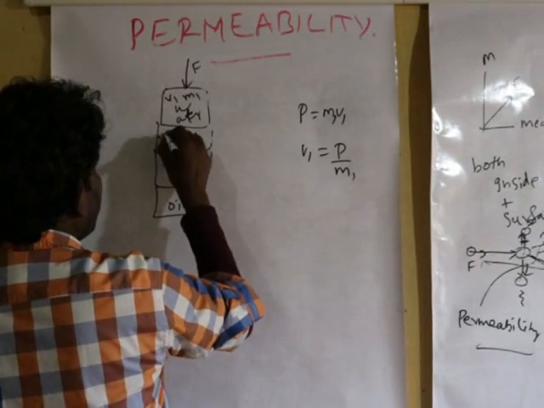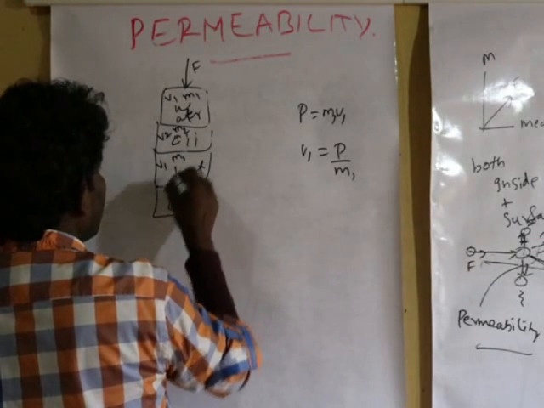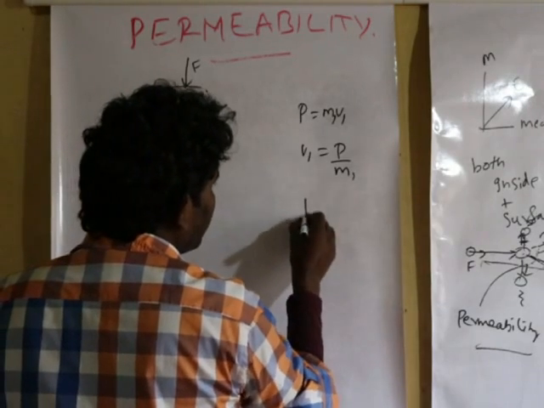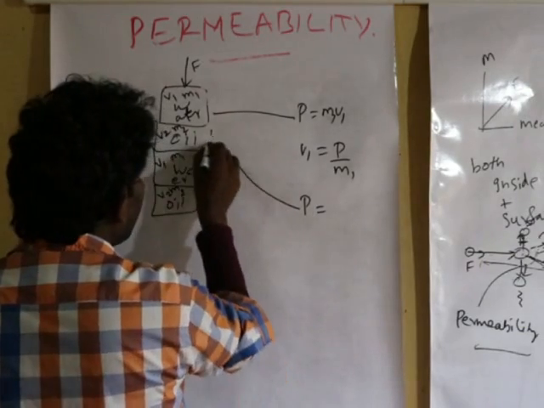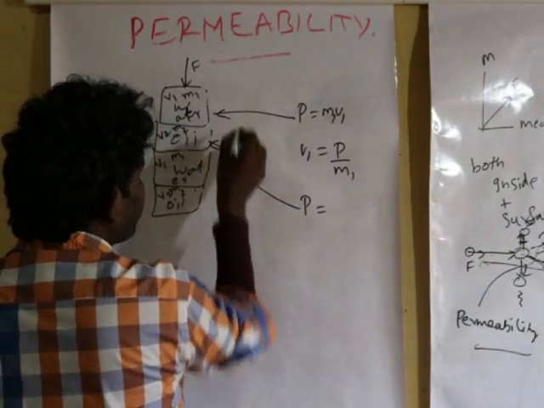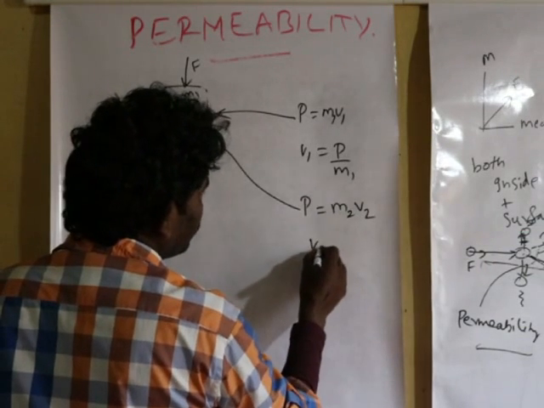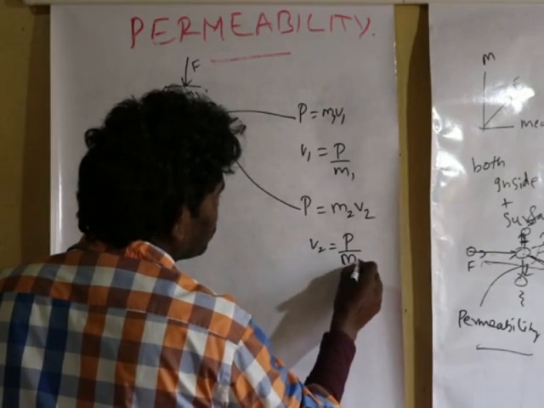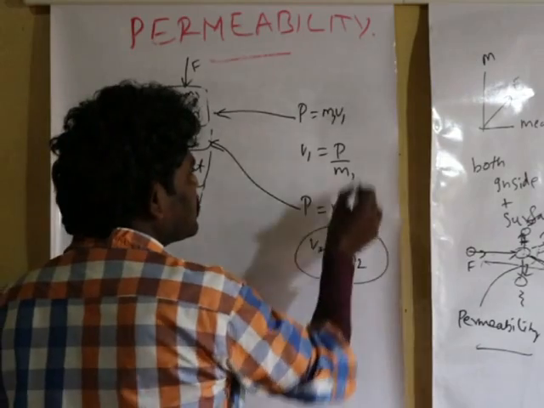For water it is m1 v1, and for oil it is m2 v2. P equals m2 into v2. If I define v2 equals P by m2, I have defined the formula like this.